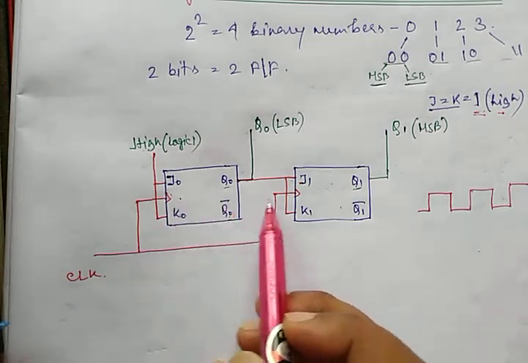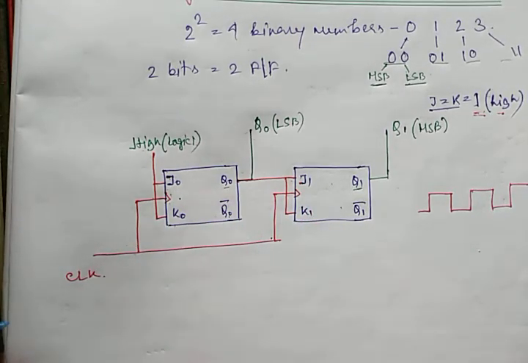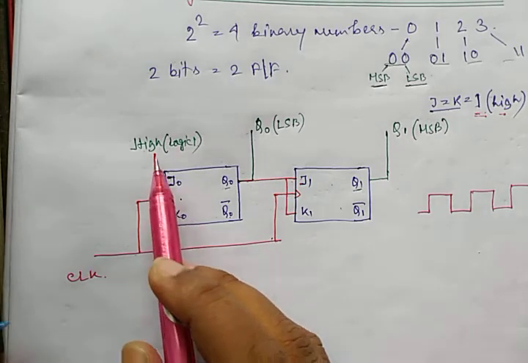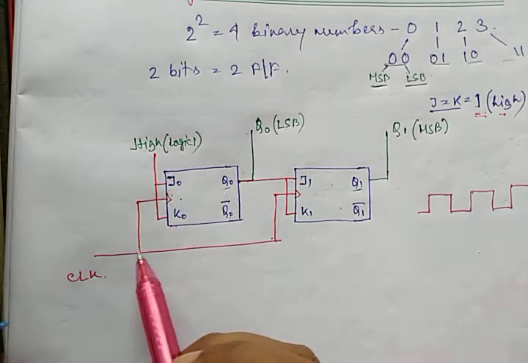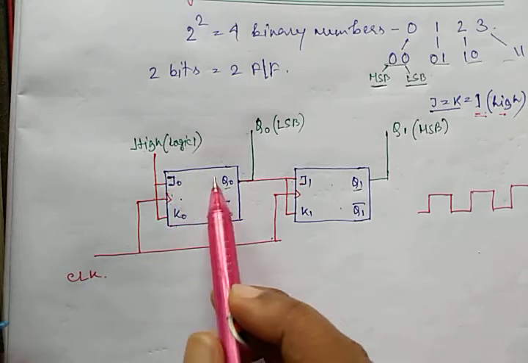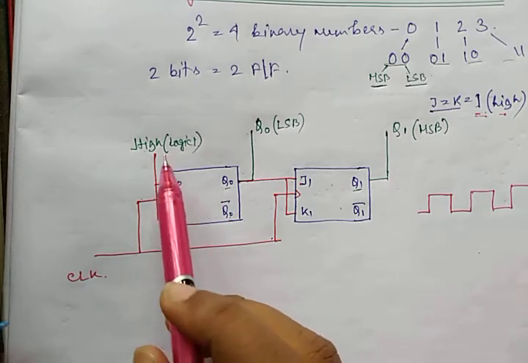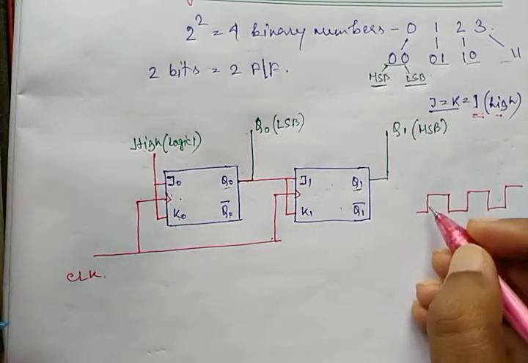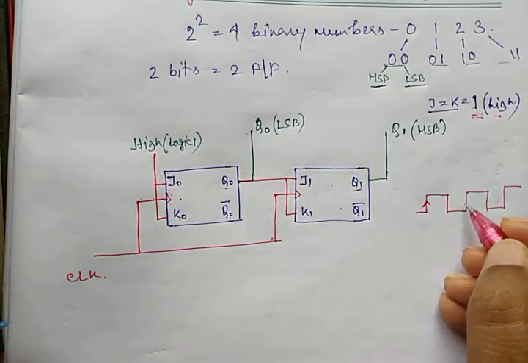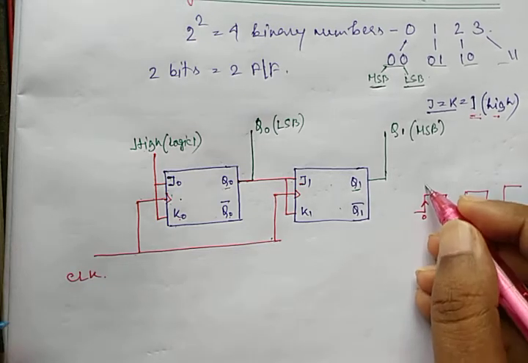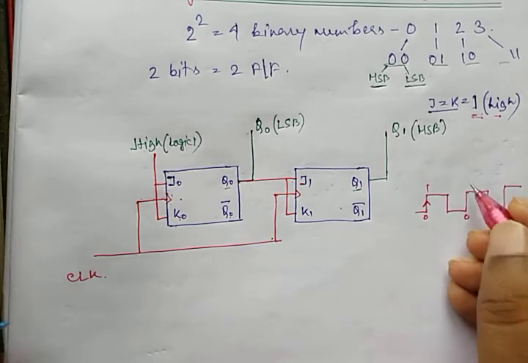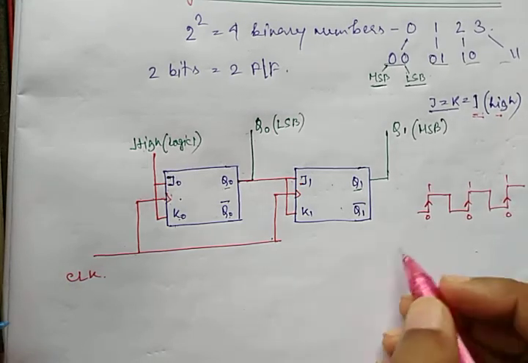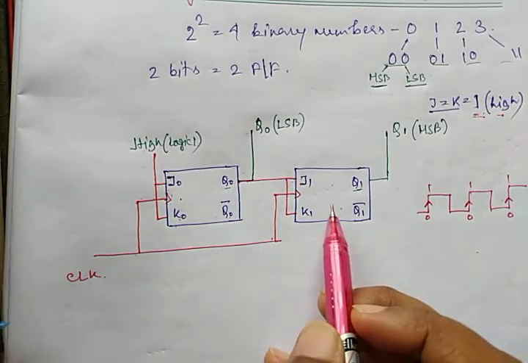As the flip-flop gets activated during the positive clock pulse, for the first flip-flop, whenever it gets a positive clock pulse and the high input is fed into the signal, that is a 0 to 1 positive clock pulse. This is also 0 to 1. Only within this state will the flip-flop get activated.